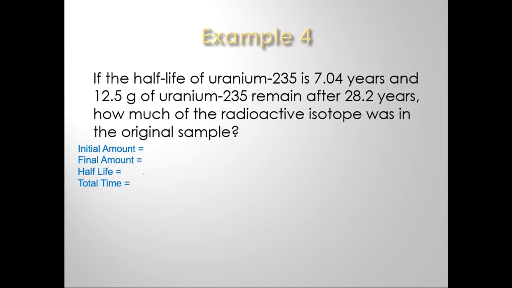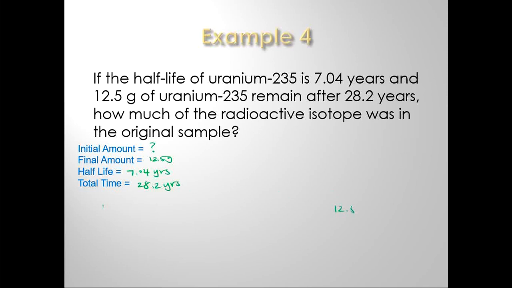Next example, the half-life is 7.04 years for uranium-235. It took a total time of 28.2 years, or that's how much time has passed. 12.5 grams remains. What was the initial amount? So here, we're actually going to do things backwards.